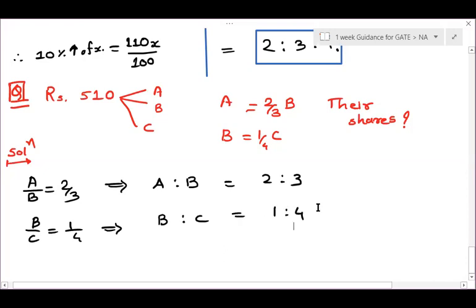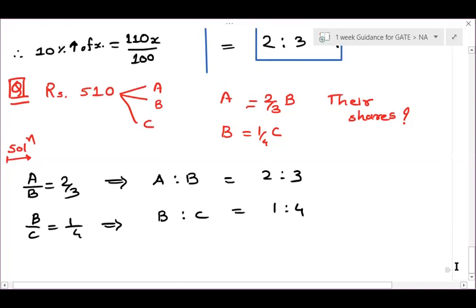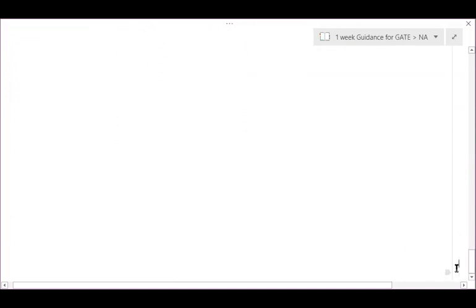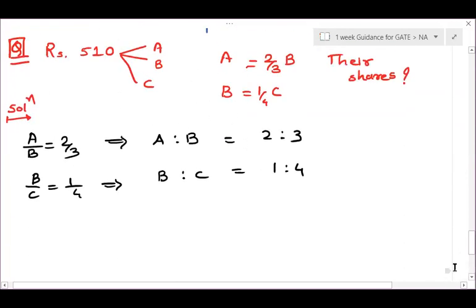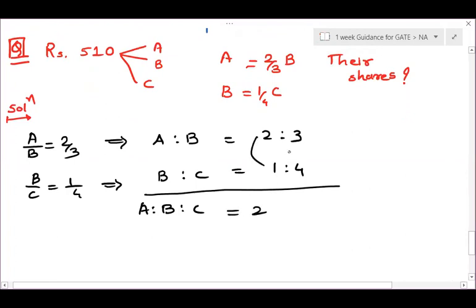Now I want to find all their ratios. First I need to find the ratio A is to B is to C. 2 ones are 2, 3 ones are 3, 3 fours are 12. So this is your A is to B is to C.